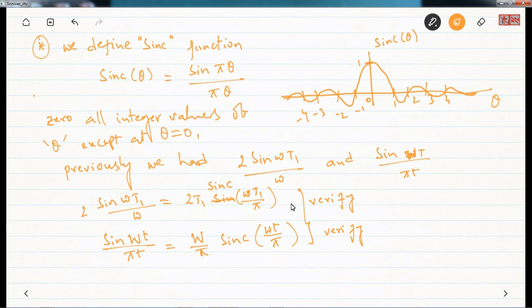We'll do just one more example and then we'll stop for today. We'll do one more inverse Fourier transform.